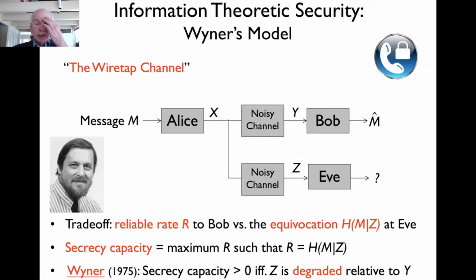The equivocation at Eve would just be the entropy of the message conditioned on Eve's measurements. If that were to equal the reliable rate to Bob, that means you would be transmitting in perfect secrecy. So the secrecy capacity here is the maximum R, that is the maximum reliable rate to Bob, such that it's transmitted in perfect secrecy.